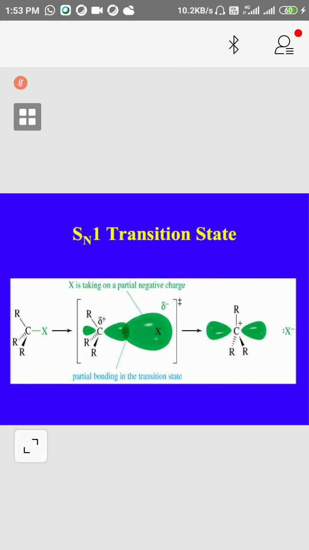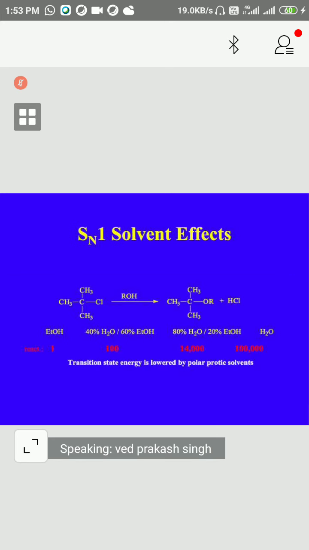Transition state energy is lowered by polar protic solvent. If the polarity of the protic solvent increases, then the transition state energy will be low and the reaction will be faster.